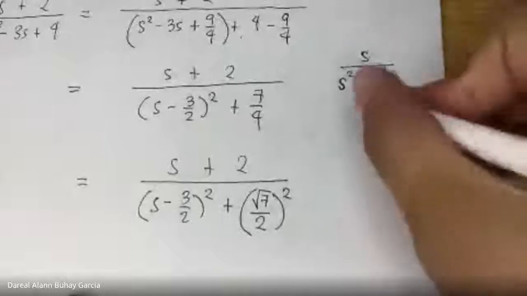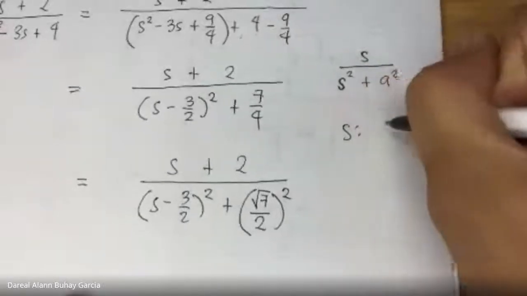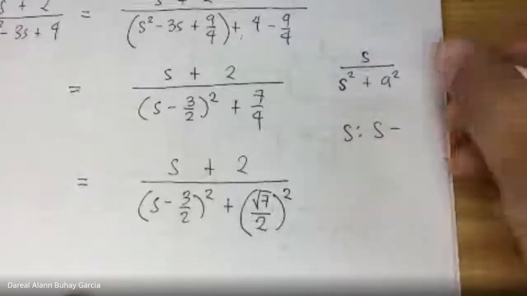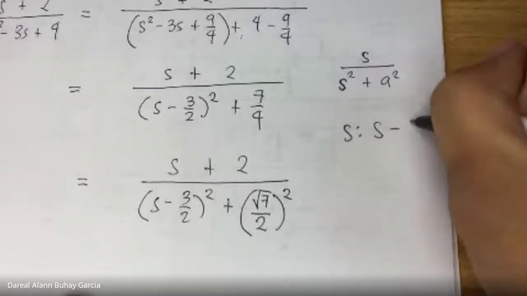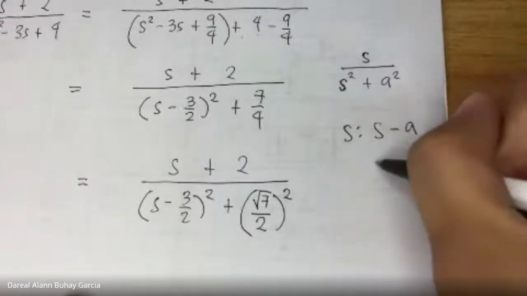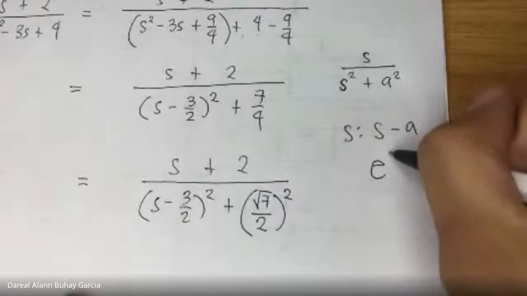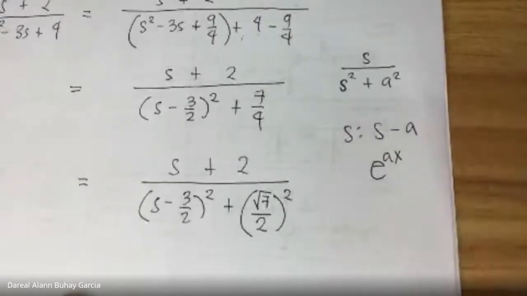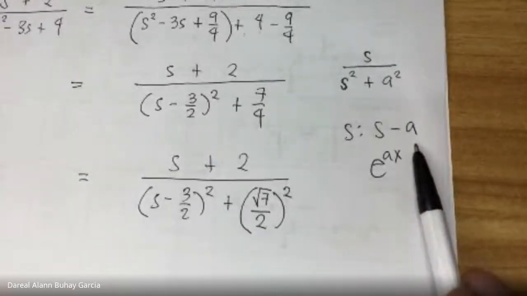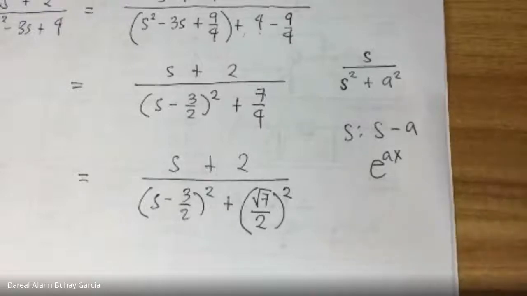Remember tong shifting property, where our S will be converted to S minus something, and ang final answer is i-compensate by multiplying it by e to the power of ax. Kadamdam mo ani nga property. Sa ba nga slide?